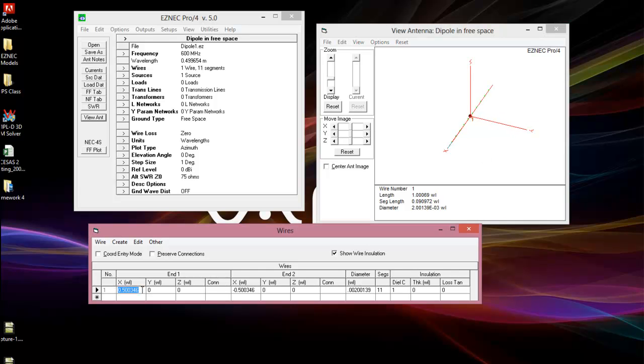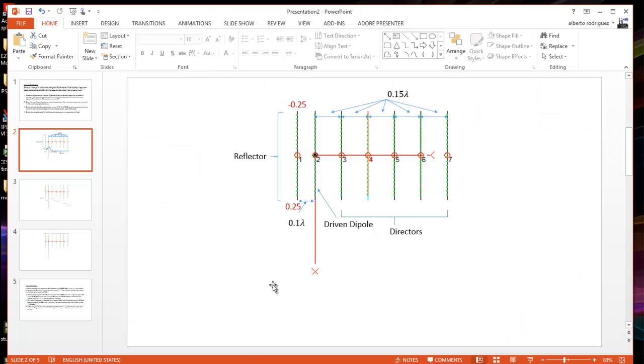Now we start with the dimensions. Let's look again back at our geometry, and we say the dimensions are 0.25 to minus 0.25, in terms of lambda.